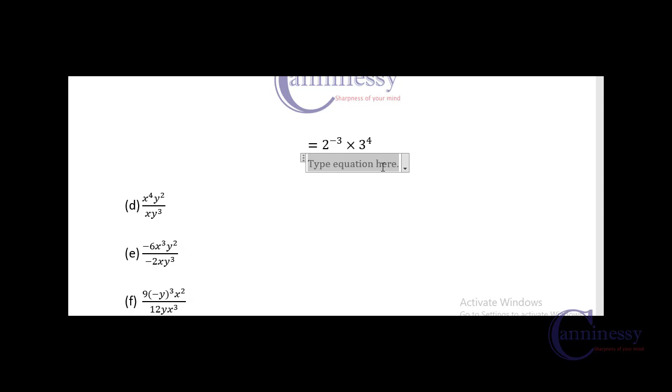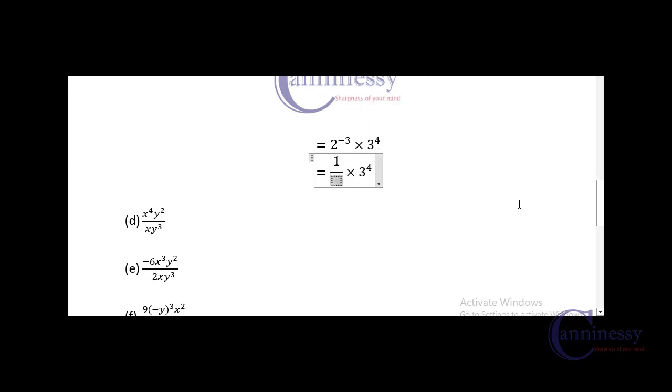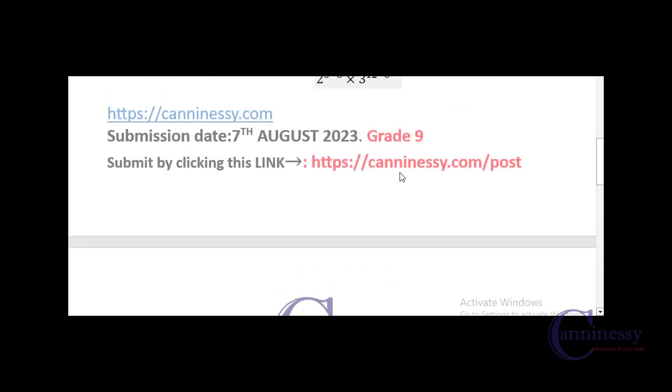So the final answer will be 3 to the exponent 4, multiplied by 1 over 2 to the exponent negative 5.